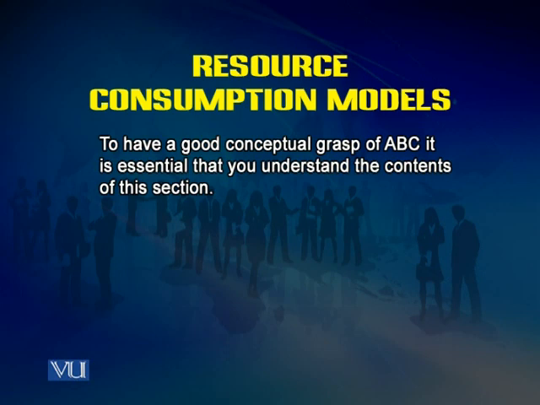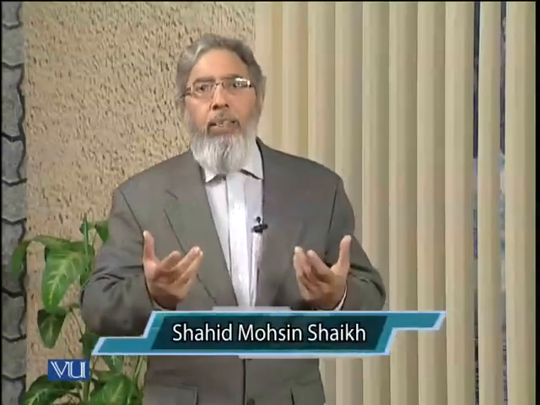So that's how important this section has been regarded. It has been regarded that you need to understand this section and this resource consumption model in order to really understand the benefits and the theory of the ABC system. It is fundamental, and it is providing a new way of looking at things.